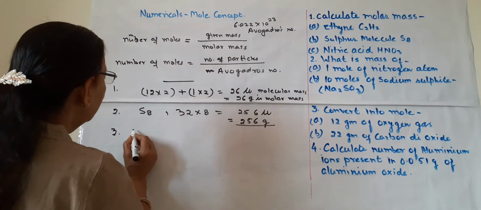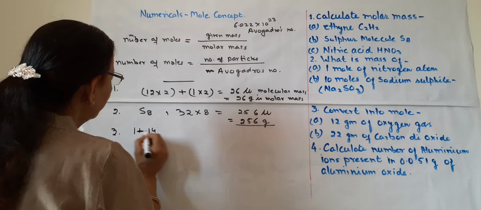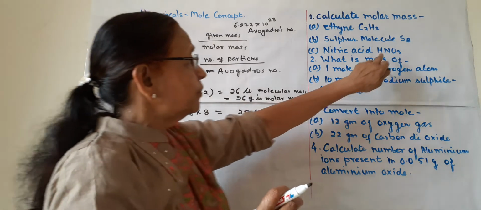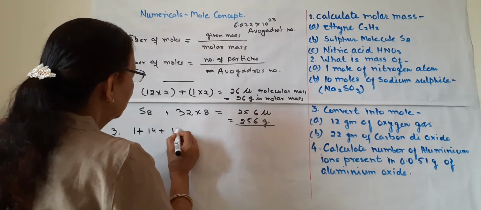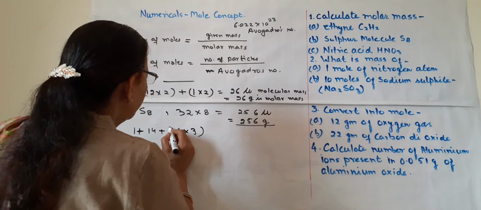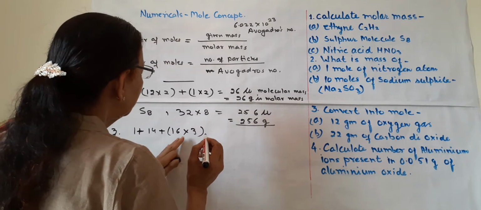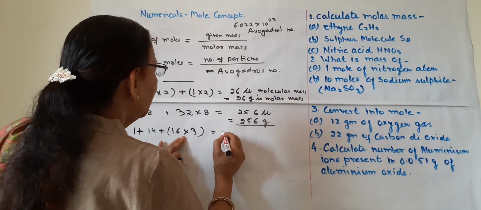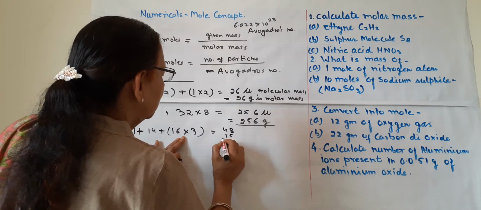So HNO3, H is 1, and atomic mass of nitrogen, this is nitrogen atom. So it is 14 and oxygen is 16. 3 atoms are there. So into 3. So it will be 15 plus 48. How many? 15.